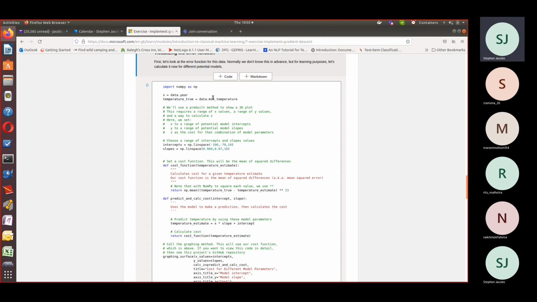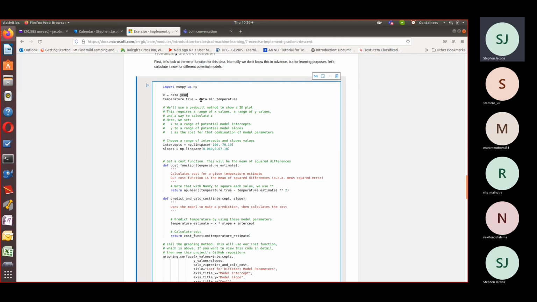Our X variable is data.year, the year field of our data that we've previously defined. And if we remember, our data is the range of years with around 1982 as the center, calculated and put in data.